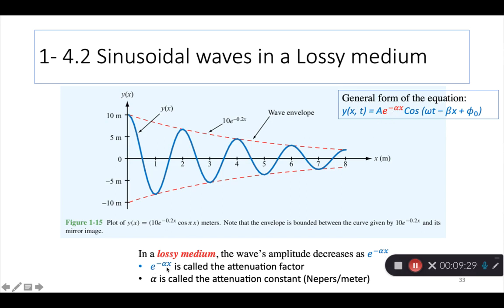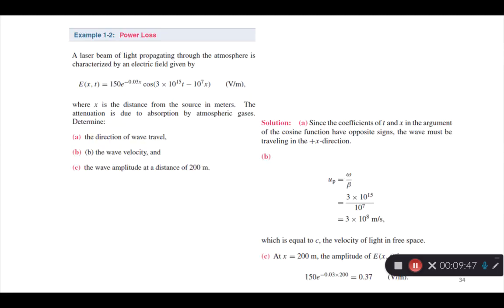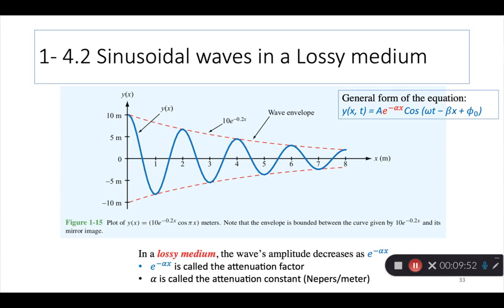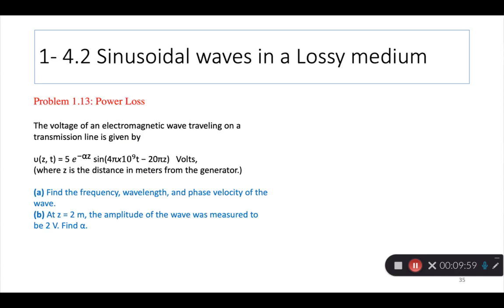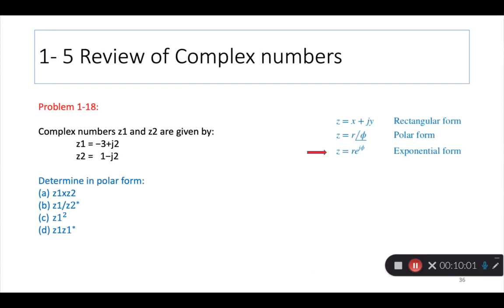This factor, e to the minus alpha x, is called the attenuation factor, and alpha is called the attenuation constant. Attenuation means reducing; forcing something to reduce is the English definition of attenuation. So this is the only slide we have for the theory on the lossy medium, on slide 33. And with that, we have a couple of problems next, so we'll come back in a minute.